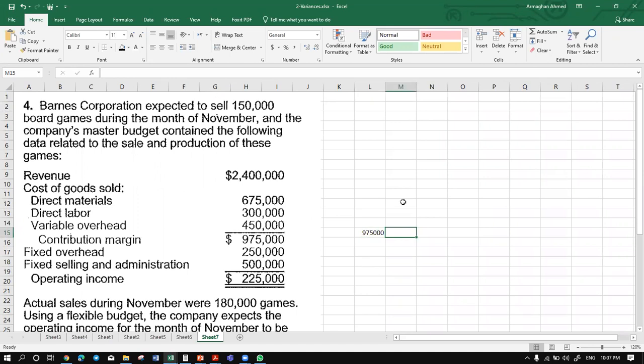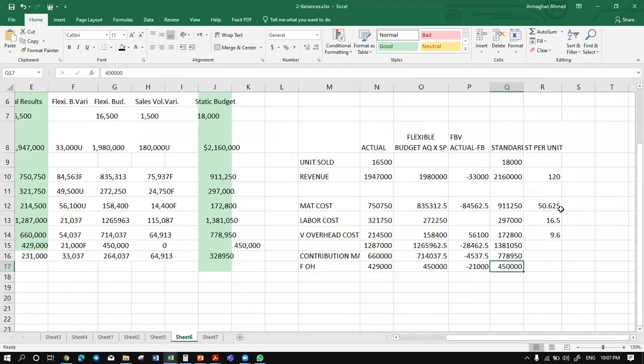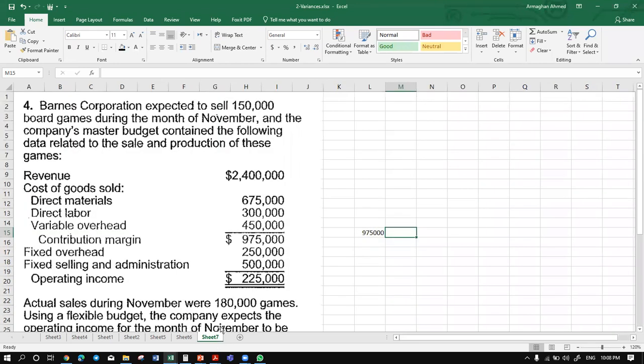150,000, right? So instead of dividing each by 150, like we did here, where each we were dividing by 180, then 180, then 180, if you want to know the final thing, you can directly take the contribution margin and divide it by 150,000.